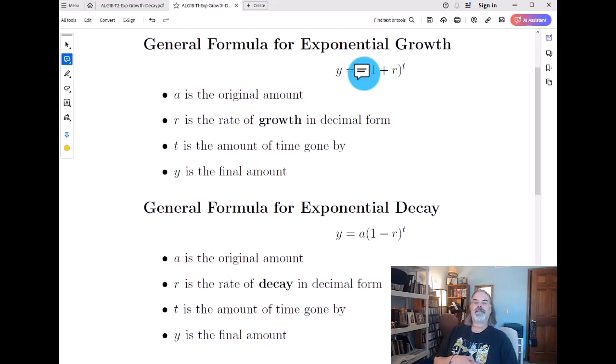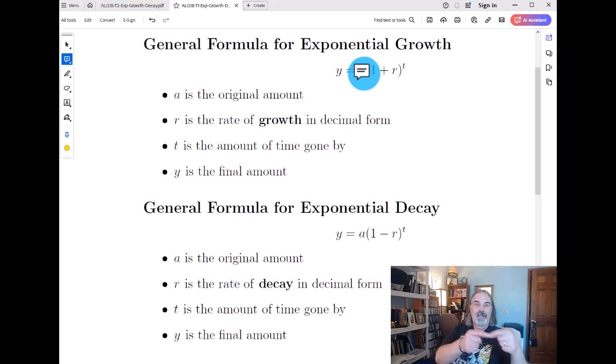That 1 plus r, say you have stuff like bacteria in a petri dish, and the population of that bacteria is increasing at 10% a day, right? This stuff, you're in a science fiction movie and this stuff is growing, right? We turn percentages into decimals. 10% is numerically 0.1. So whatever amount we start with, the next day or whatever time period you're looking at, if this is growing at 10% per day, then the next time we check in, the amount will be 1.1 times the amount that was there before.